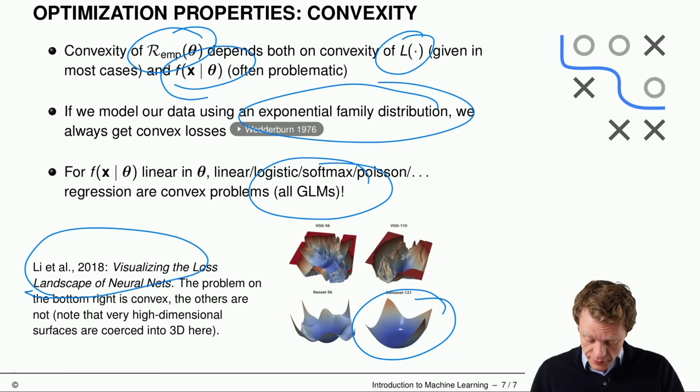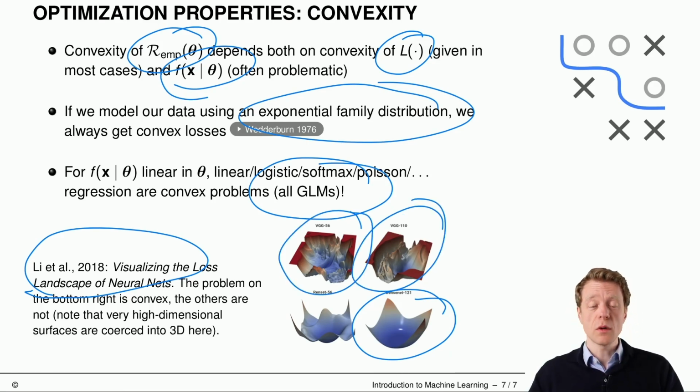So you have especially here the VGG 56, but yeah, well, also the VGG 110. There are so many local minima and it's so hard to find a global minimum. That's one big problem, definitely, of deep learning, which we will kind of sidestep for the next several chunks, but I guess we will come back to this later.